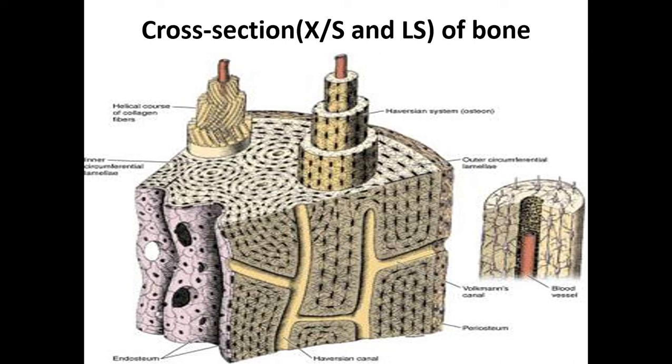In the longitudinal section, we can observe the canals that traverse the bone tissue. Going upward, we have the Haversian canal, and sideward, in the transverse direction, we have the Volkmann's canal. Each of these canals is composed of blood vessels to give nourishment to the bone tissue.